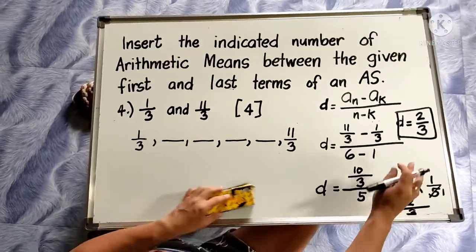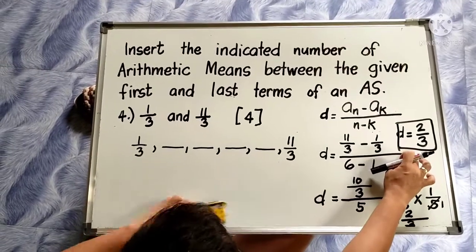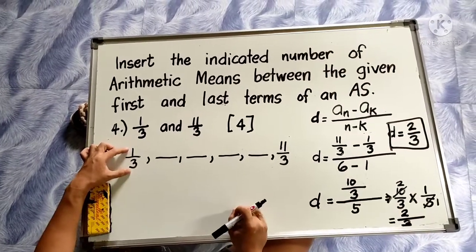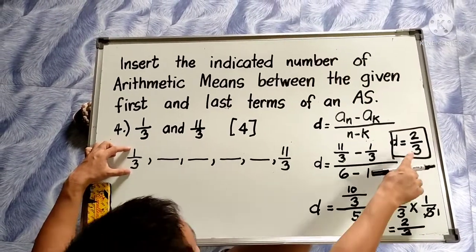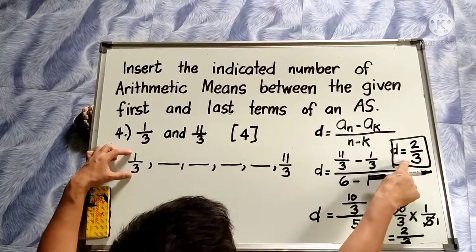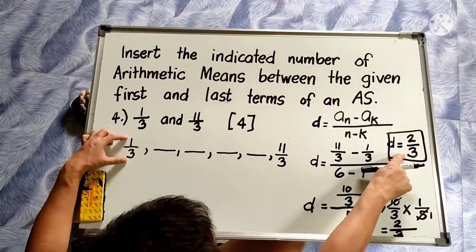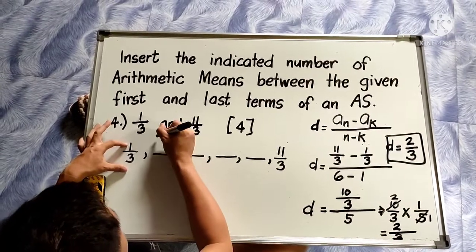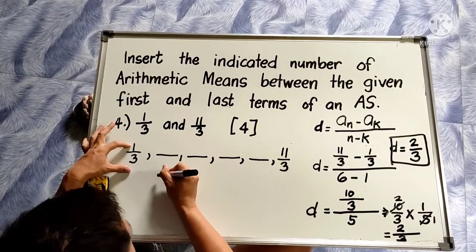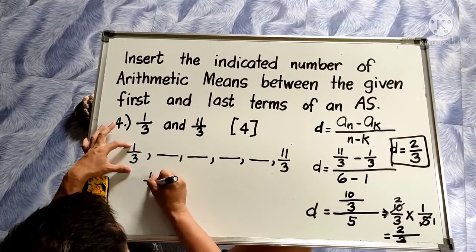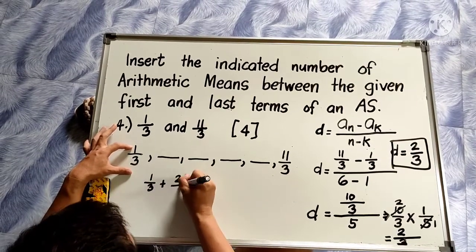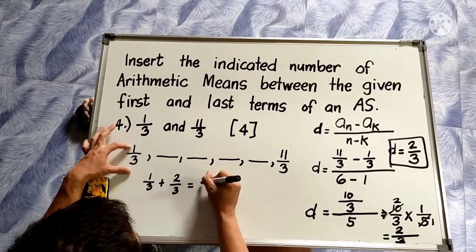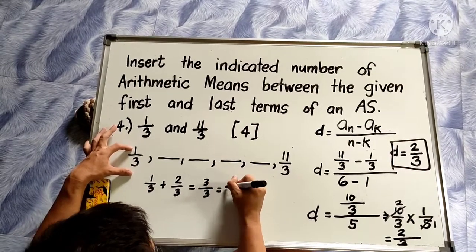Now, you add the computed common difference to the first term. 1/3 plus 2/3. The denominators are the same, so add immediately the numerators. 1 plus 2 is 3, so that will be 3/3. So 1/3 plus 2/3 is equal to 3/3, which is equal to 1.